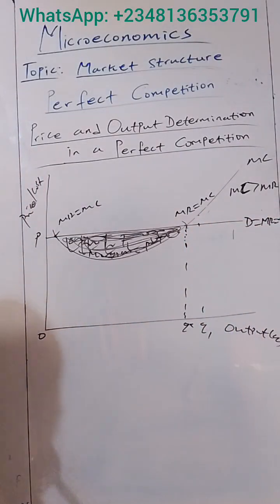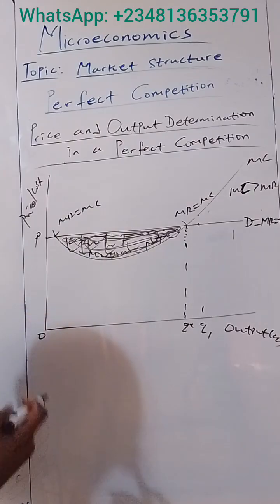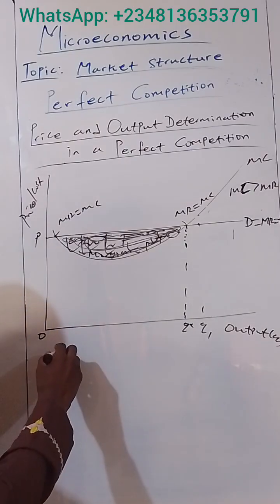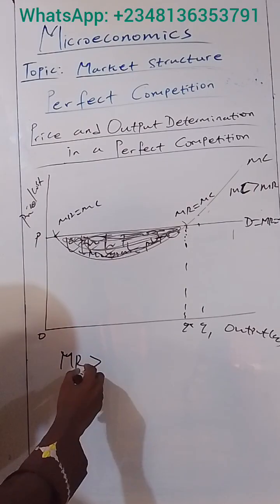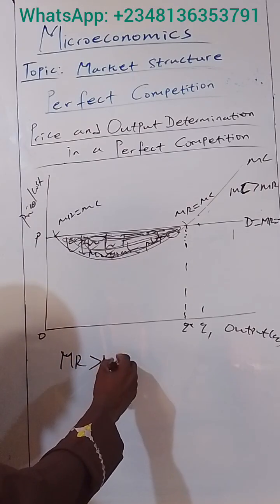So generally, please note this statement: the firm should continue to increase the unit of output produced as long as marginal revenue is greater than marginal cost.